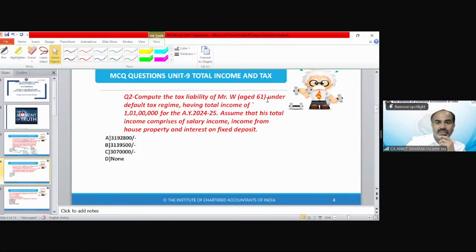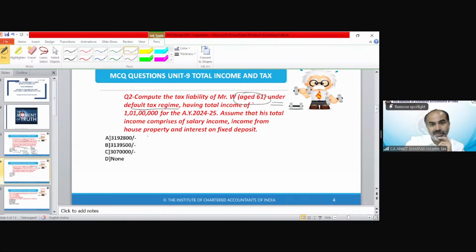Remember, you have to solve this as per default tax regime, and the age is 61 years. Remember, there is no effect of age under default tax regime, because the basic exemption limit under default tax regime is 3 lakh rupees for all individuals. So age does not matter in that scenario. Clear? So when you calculate the tax, remember this.